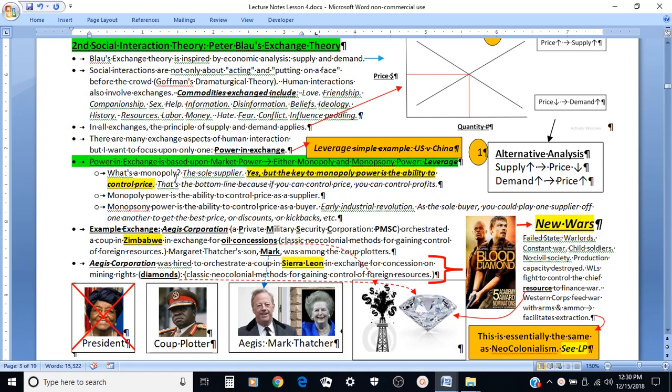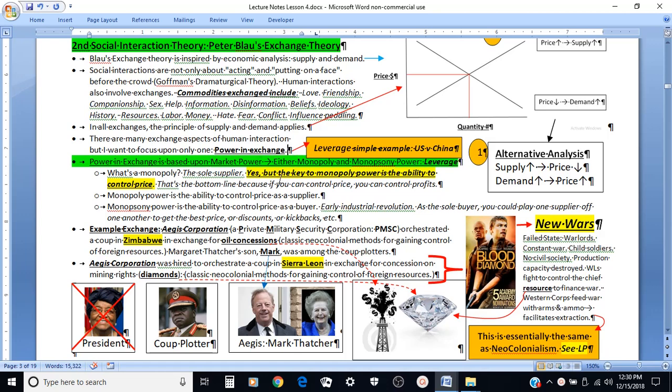So what's a monopoly? Well, the common knowledge definition is sole supplier. You have a monopoly if you're the sole supplier of a thing, and everyone has to go to you for something. But really, the key to monopoly power is the ability to control price.